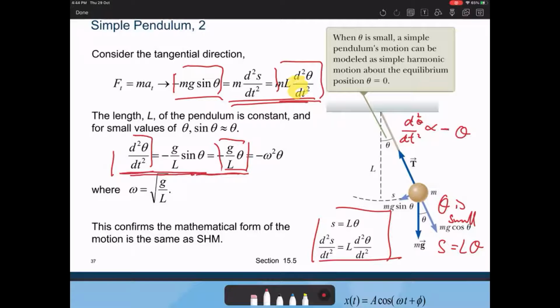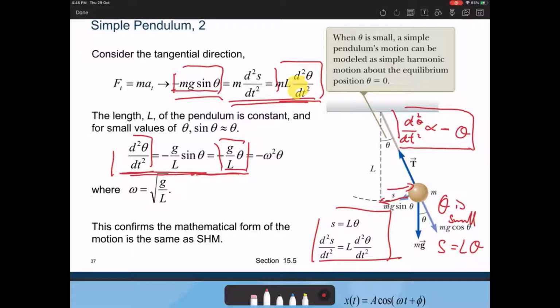And you see the negative sign. The negative sign comes in because the force is pointing in the negative direction of the displacement. So that is why the negative sign comes in. So here you have the equation form, which is the required equation form for simple harmonic motion.